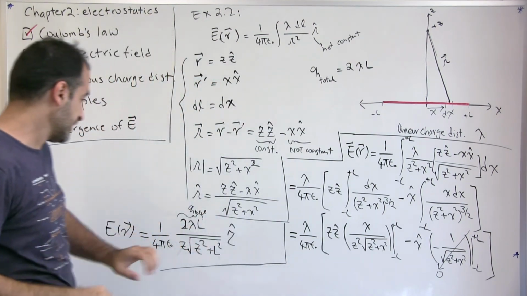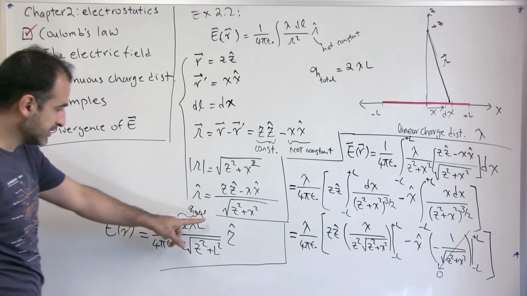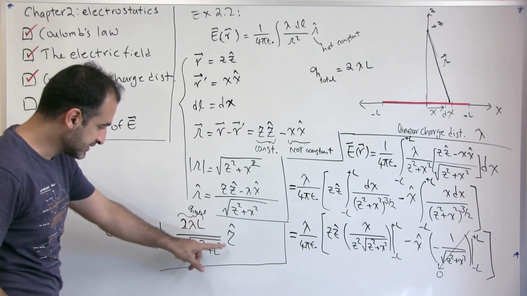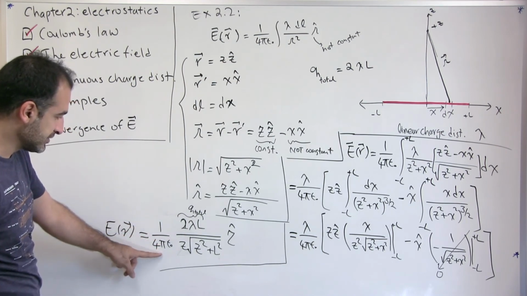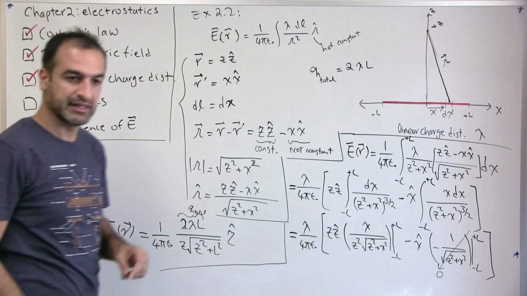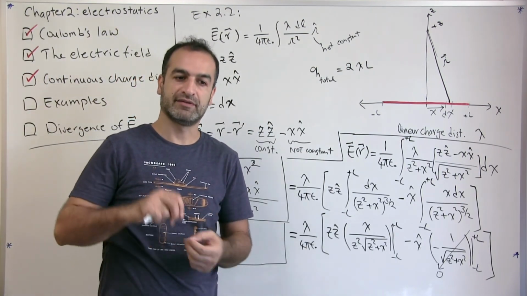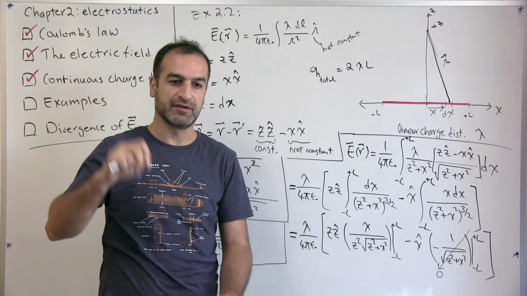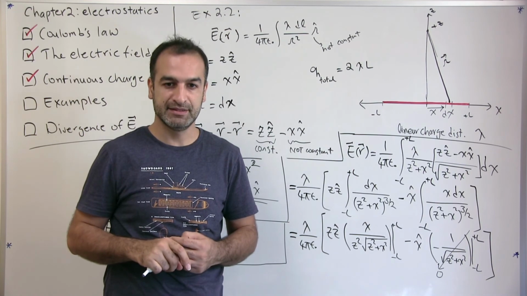Okay, and what we get as a field is the total charge divided by this; the L squared is going to be canceled out. We get 1 over 4 pi epsilon 0 times total charge over Z squared. And that's going to be exactly similar to the electric field that you get from a point charge if you are far from that. Okay, sounds good?